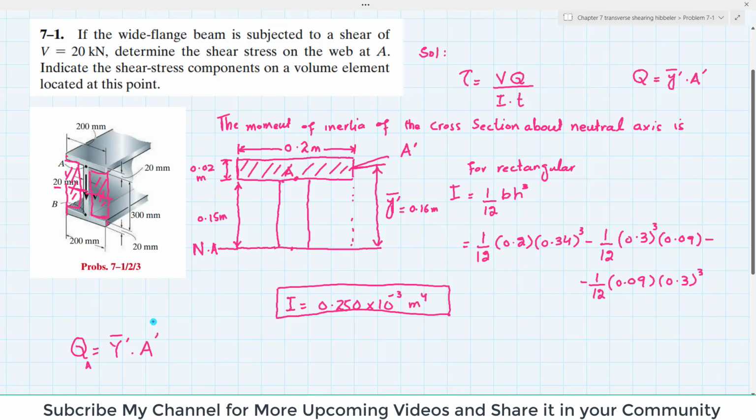QA, the first moment of area of this section about the neutral axis, is y dash into A dash. So y dash is equal to 0.16, clear, and A dash is the area, 0.2 into 0.02.